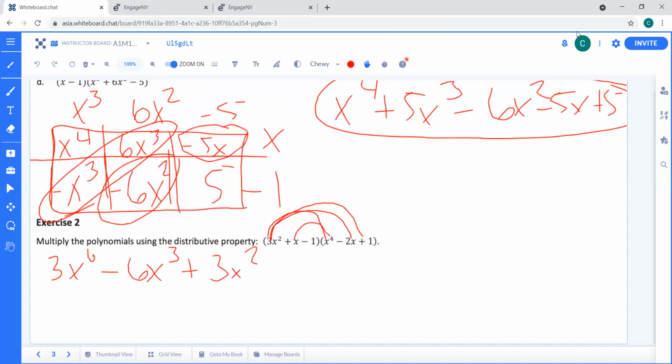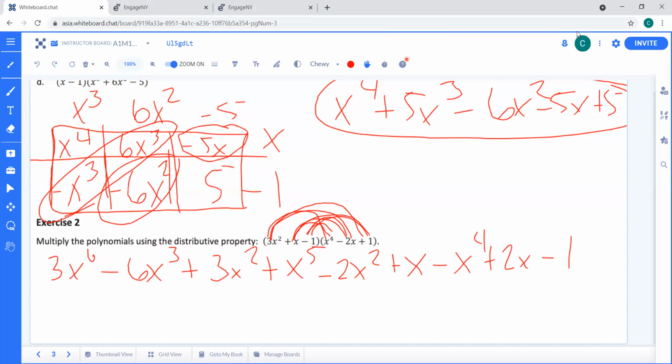Now you have to do all these. So we're going to have x to the fifth, negative 2x squared plus x. And then basically we're just negating all that because that's just a negative one. Minus x to the fourth plus 2x minus 1.